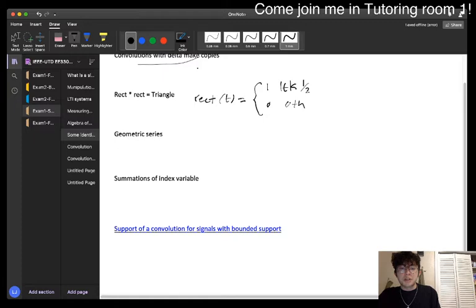Another definition that you might see is the triangle function, triangle t.